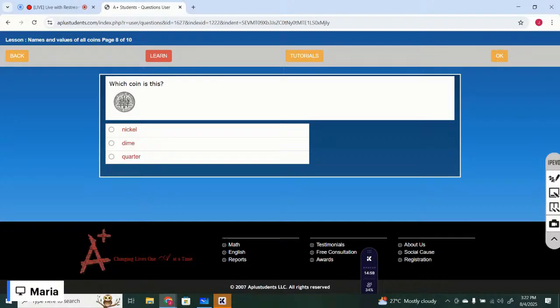Which coin is this? Dime it is. The correct option is dime.